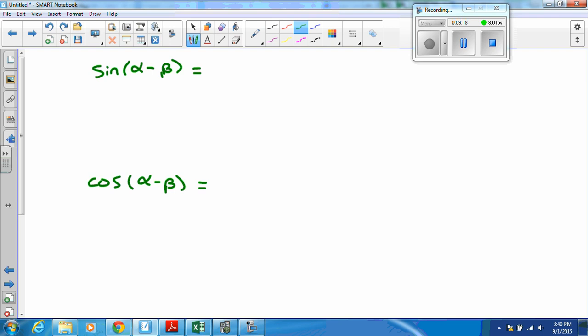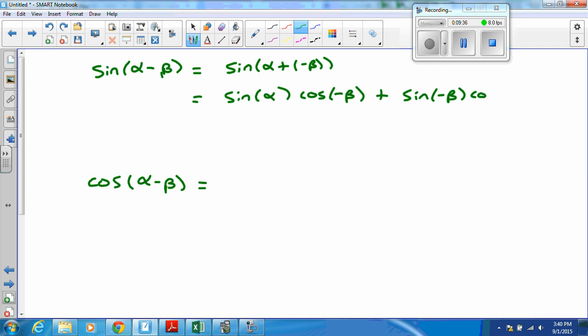Welcome back. We're going to think of subtraction as adding the opposite. And so we can leverage our angle addition identity.